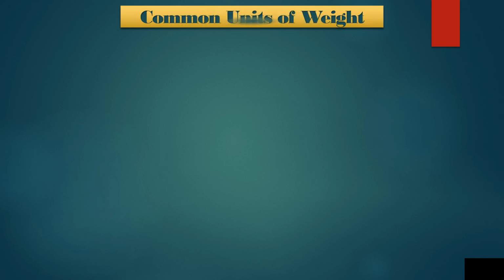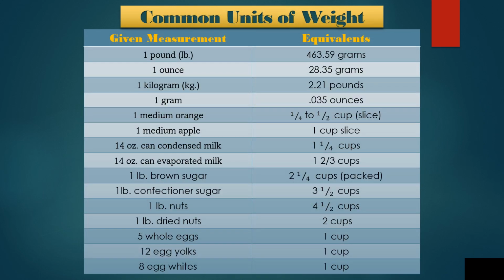Okay, now so proceed tayo sa ating common units of weight. Okay, so nandyan yung ating given measurement and then yung ating equivalents. Okay, 1 pound or LB is equivalent to 463.59 grams. Okay, next, 1 ounce is equivalent to 28.35 grams.